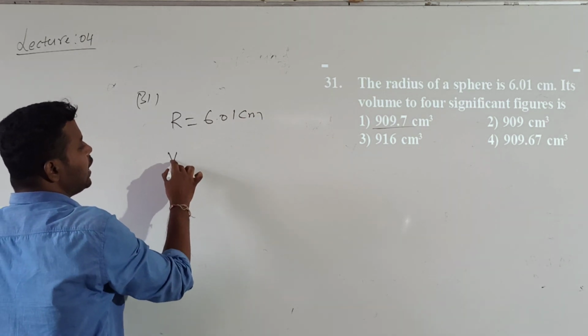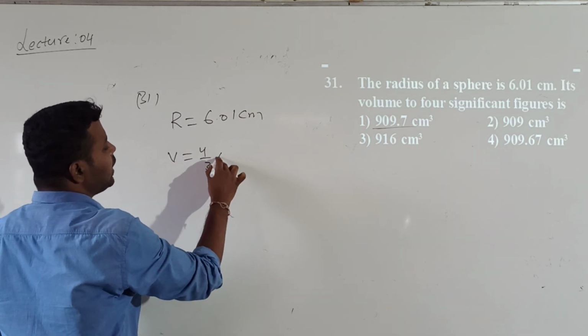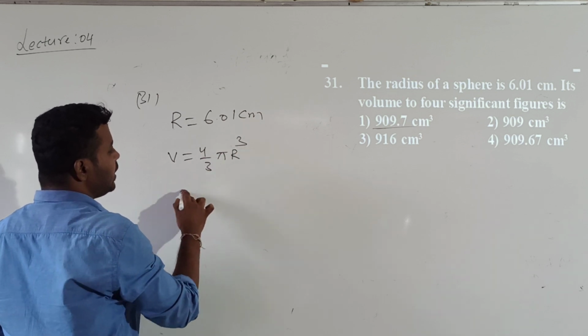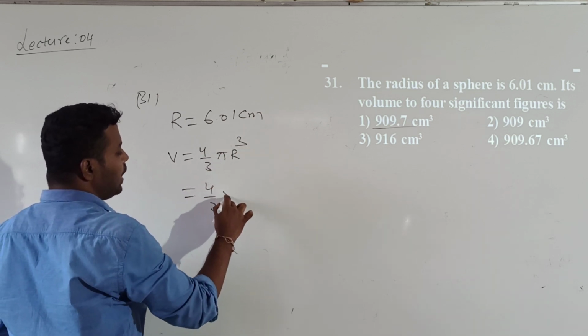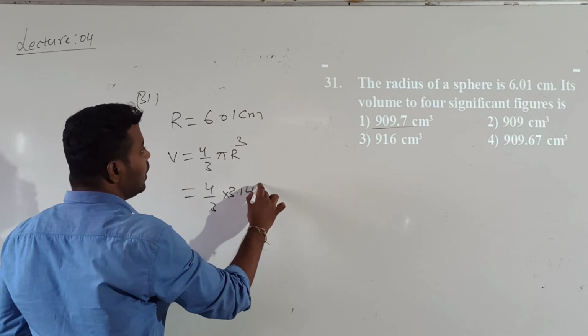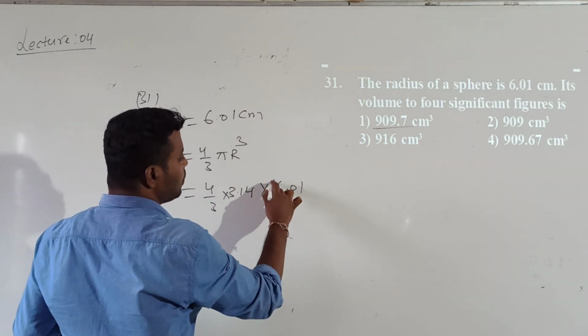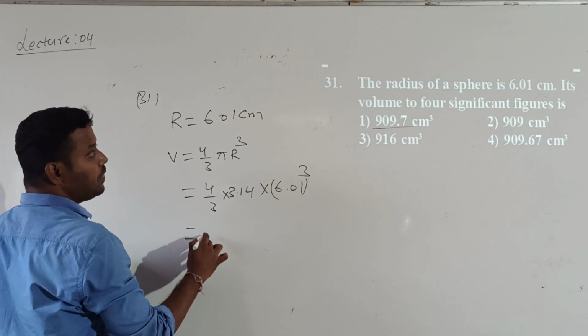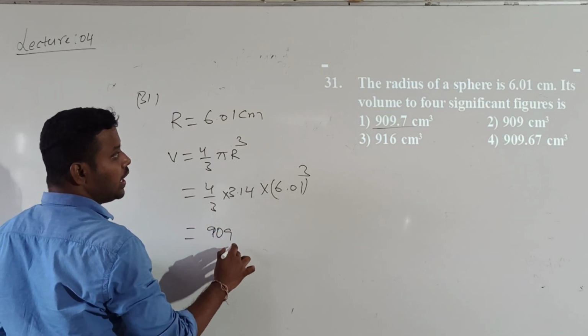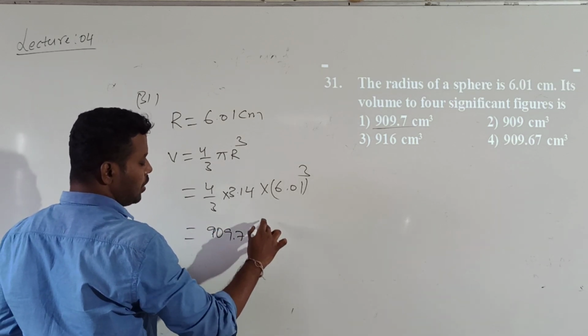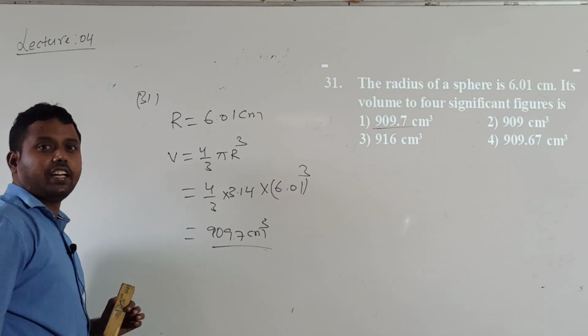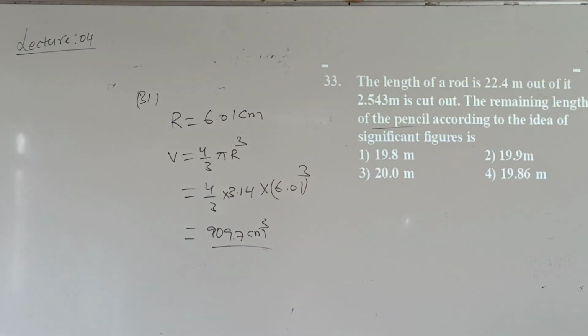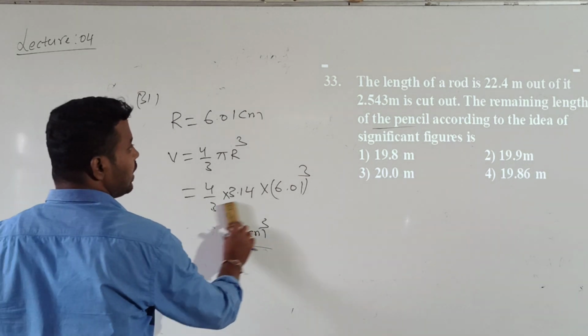They are asking us to calculate the V value, 4 by 3 pi r cube, which is 4 by 3 into 3.14 into 6.01 whole cube. If you simplify this, you will get 909.7 centimeter cube. How many significant digits are there? 4.